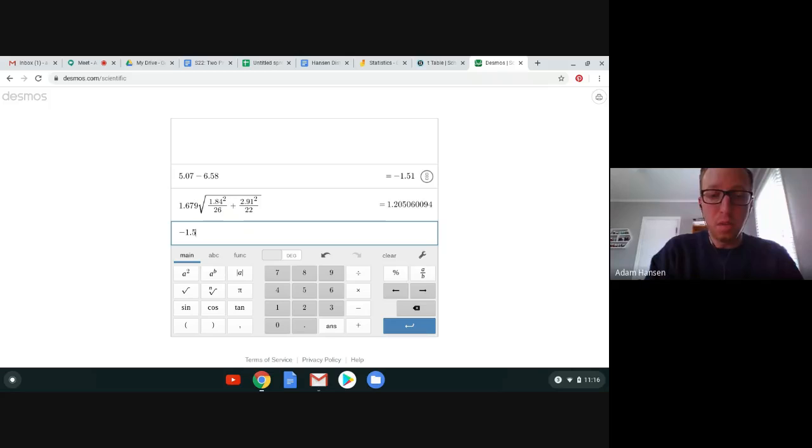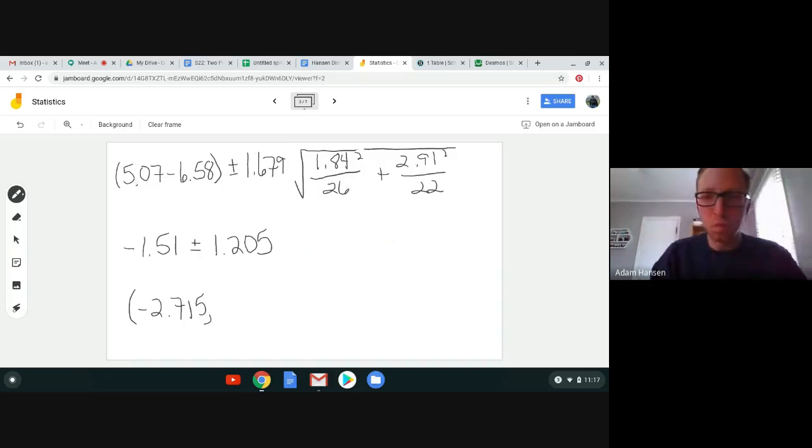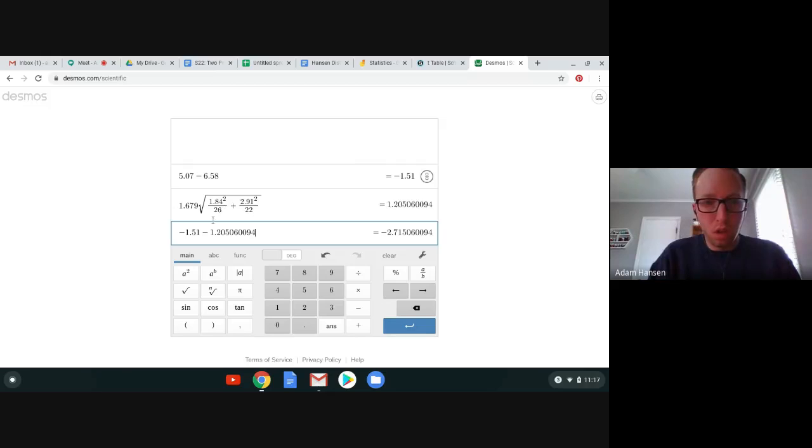Negative 1.51 minus the margin of error: negative 2.715. And then plus the margin of error: negative 0.305.